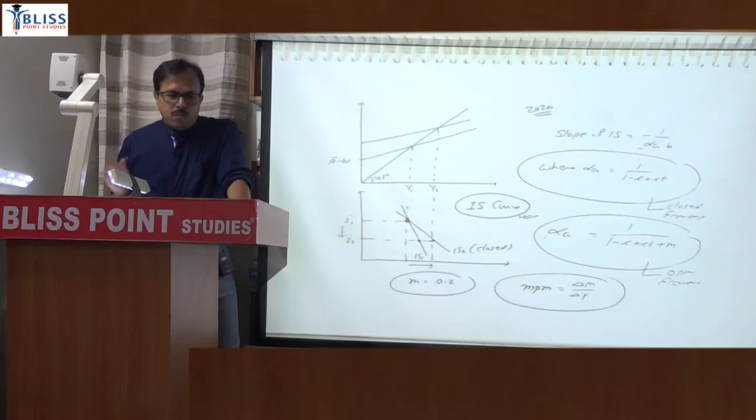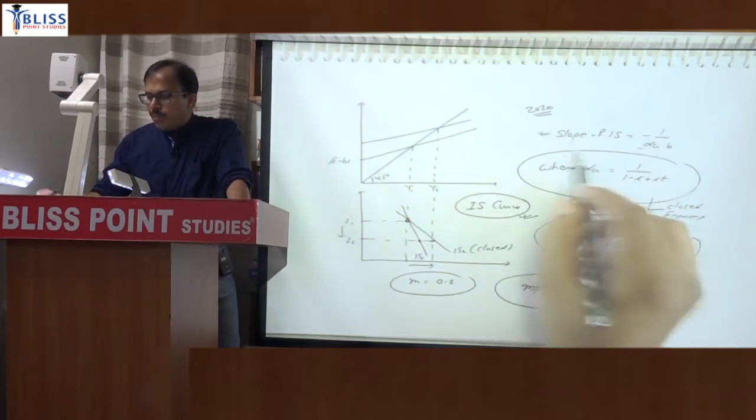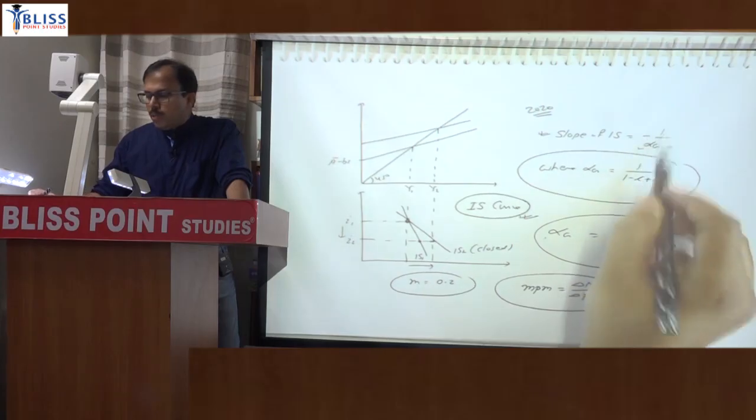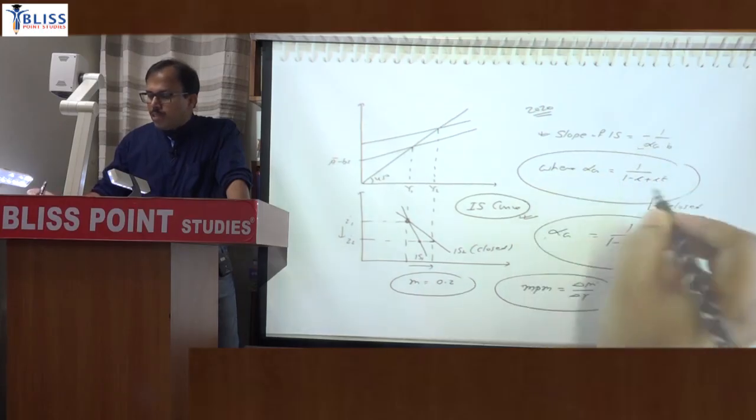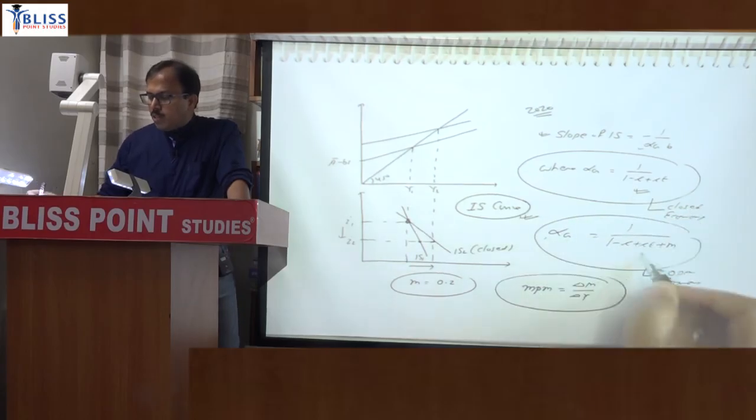This is because the slope of the IS curve varies inversely with the value of multiplier. Just write this equation: slope of IS is equal to minus 1 upon alpha g into b, where alpha g is this value in a closed economy and alpha g is this value in an open economy.